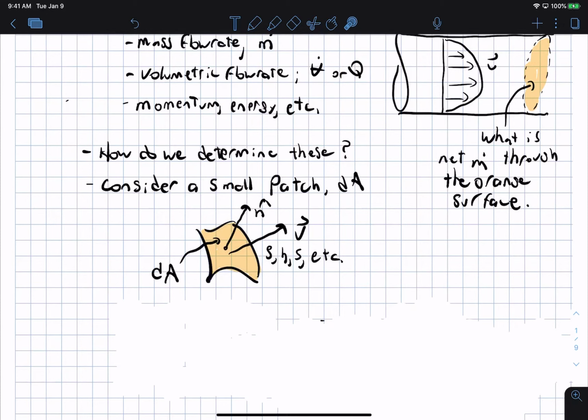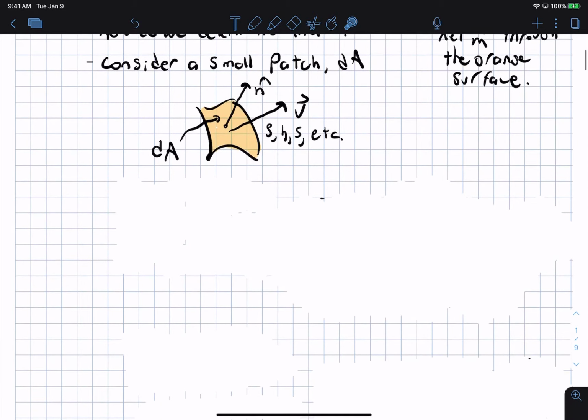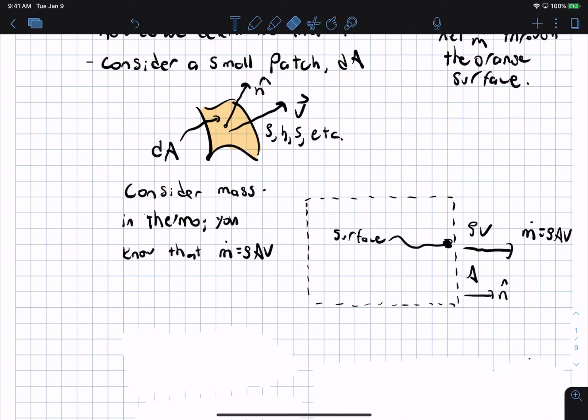Well, let's go back to what you guys did in thermo for m dot. So first, let's consider mass. That's intuitively the easiest one to deal with. So in thermo, you guys know from your class that you quite often use m dot equals density times the velocity times an area.